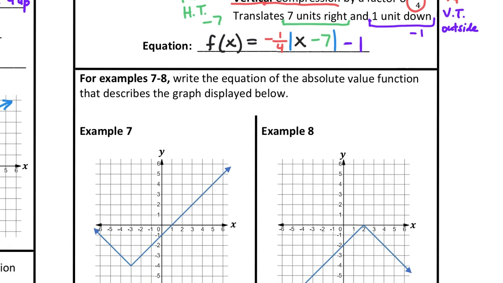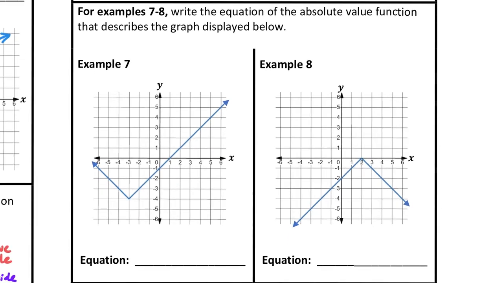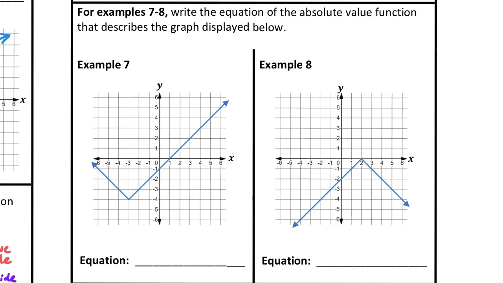Then we're going to look at 2 more examples, and these are kind of combining the graphing and the equation aspect. So it says write the equation of the absolute value function that describes the graph below. So if I give you a graph, can you give me the equation of that line? And so remember, the parent function, let me do the parent function in purple.